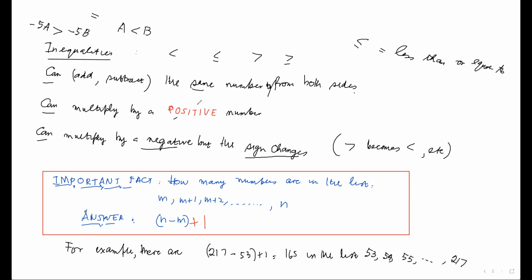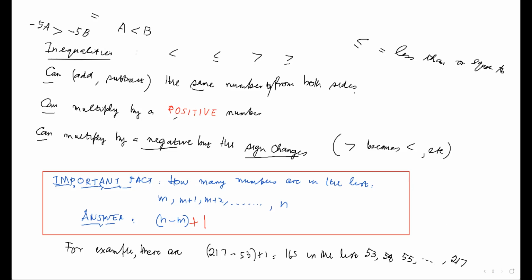All right, so much for inequalities. Now, I just want to say something about counting. If you got a whole list of consecutive numbers, like, for instance, 53, 54, 55, up to 217, and you want to know how many numbers are in this list, there's a very simple formula for it.